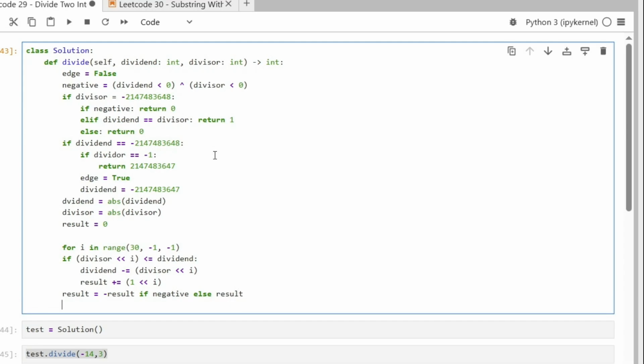Now we come to the part where I removed 1 from here. Let's solve it.